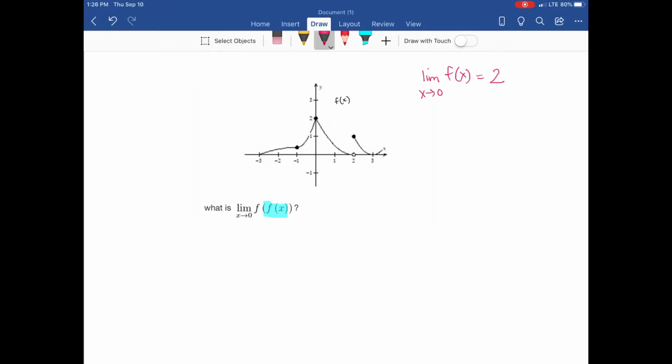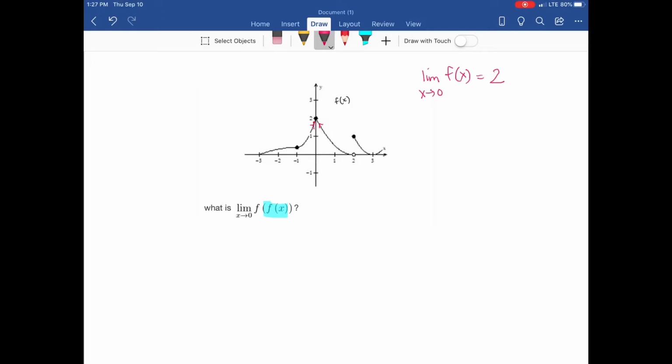We can see as I'm approaching from both sides, that height is trying to approach 2. More specifically, though, we notice with this graph that that limit is approaching 2, but it's only approaching 2 from the left.